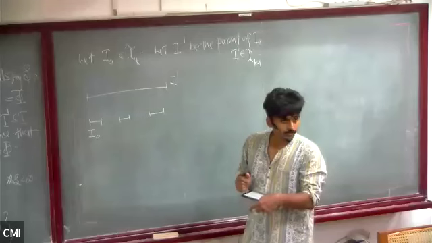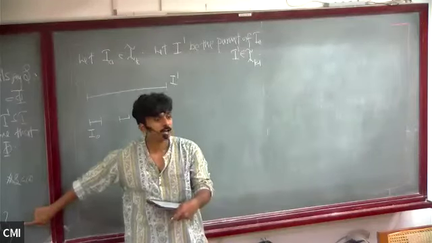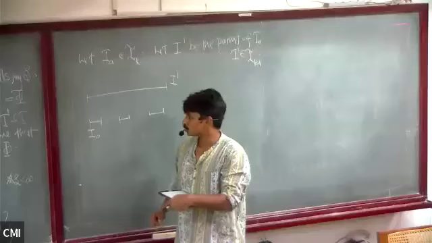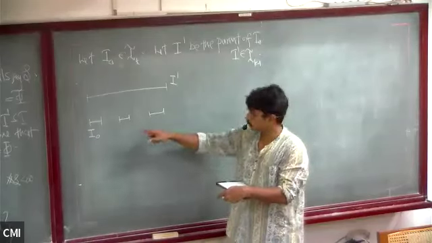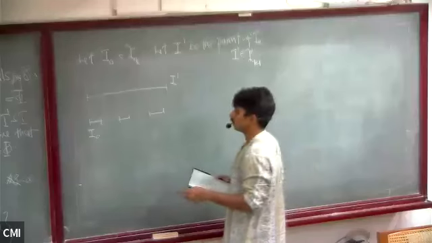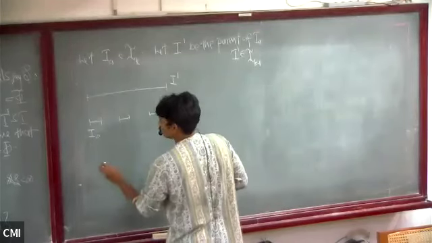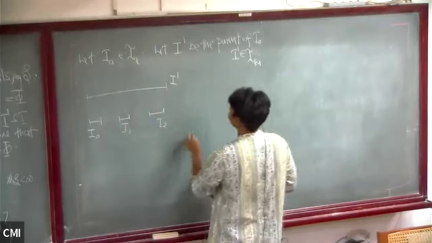Why can't I have all children of I naught? Oh, I have assumed that I naught has the minimum length. Yes, thanks for that. So you cannot have children of these intervals inside the collection because I naught is assumed to be an interval that has the minimum length in the collection. Let these be I1 and I2.